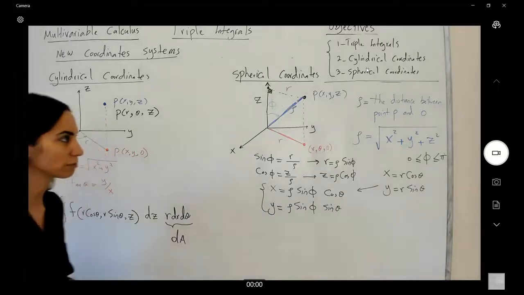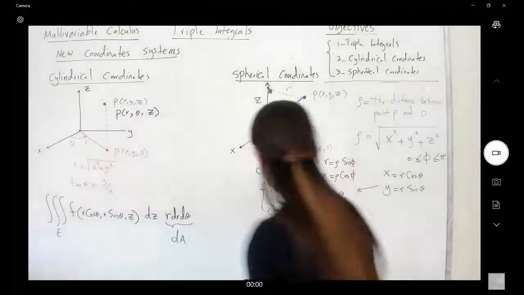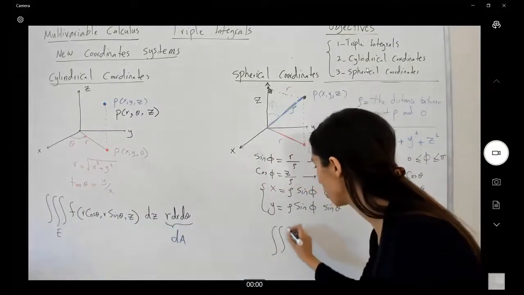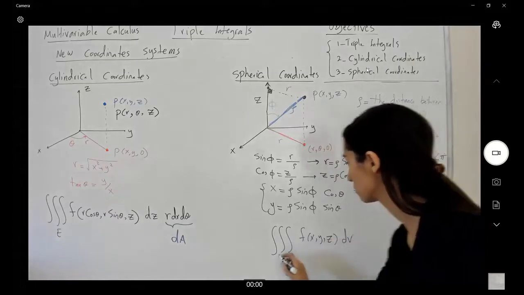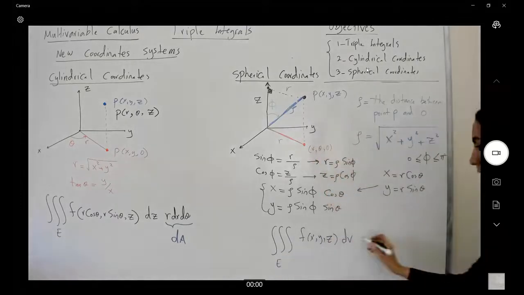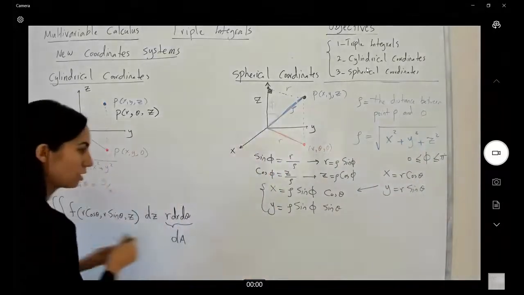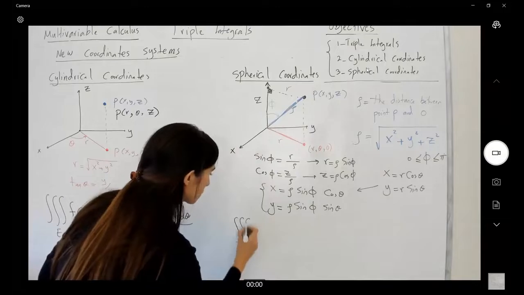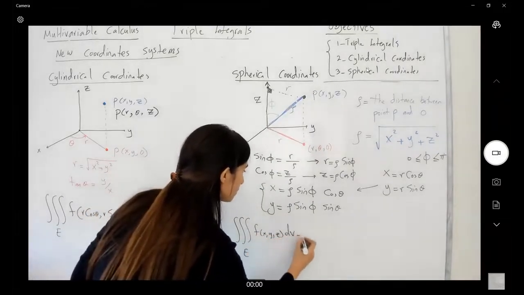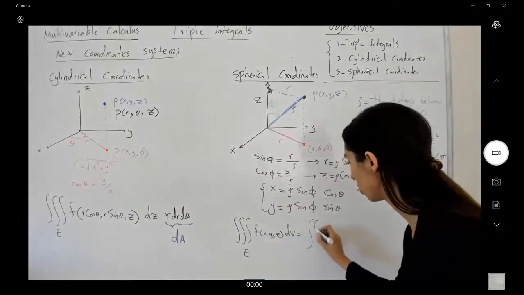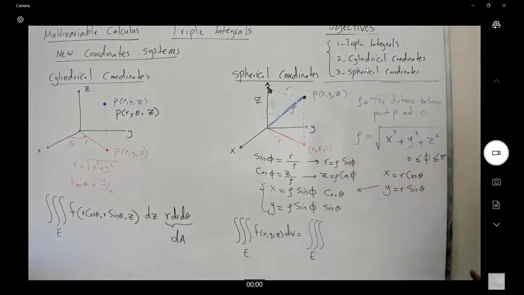How about the integral? If I want to use spherical coordinates, my triple integral of a continuous function f of x, y, and z dV over E can be written as the following. Let me just write it here. I need a little bit more space. It can be written as the triple integral over region E. Of course, I need to change the boundaries.